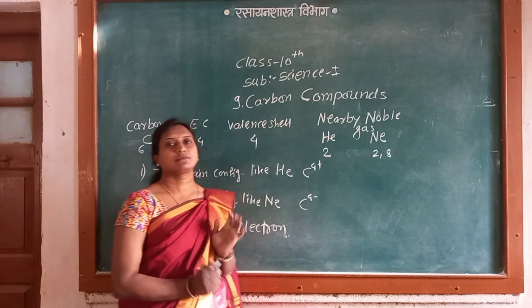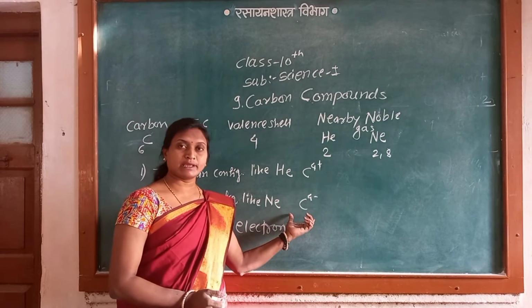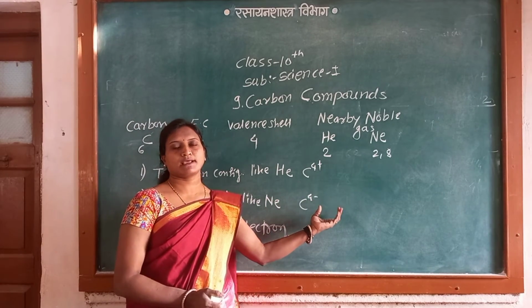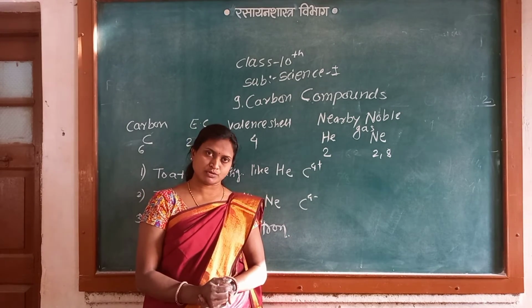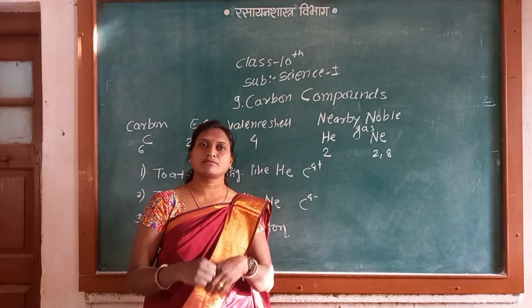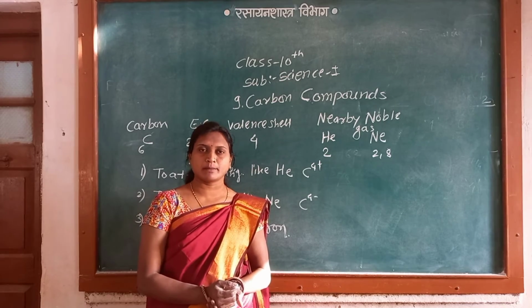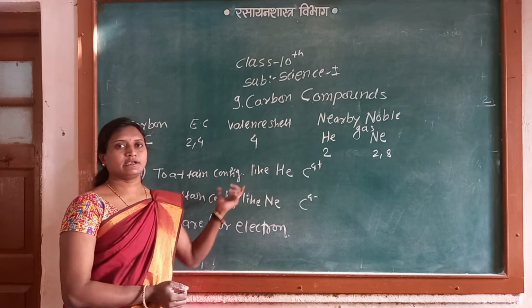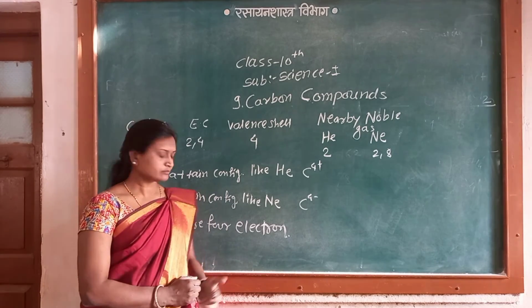This route is not possible for the carbon atom. Another route is to attain the electronic configuration like neon gas by accepting 4 more electrons from other elements, which is also very difficult. To accept 4 more electrons and form 4 negative charge ions is really not stable for carbon. It will not choose this route also.